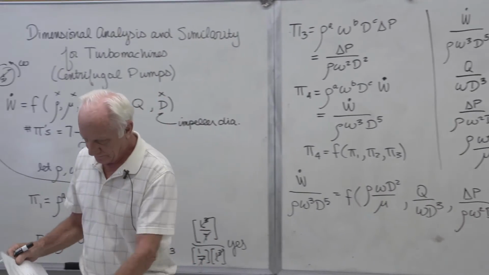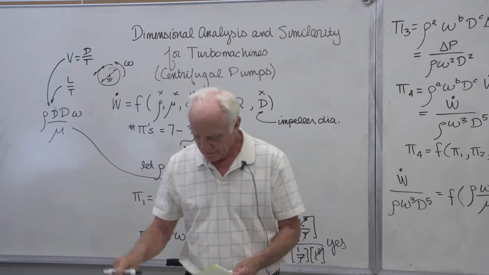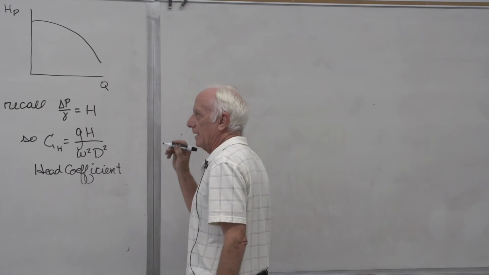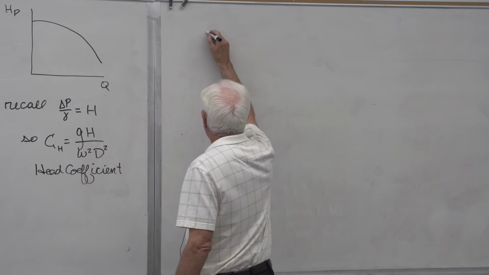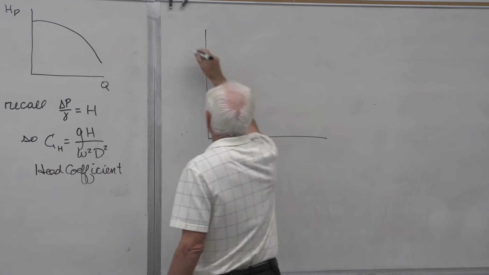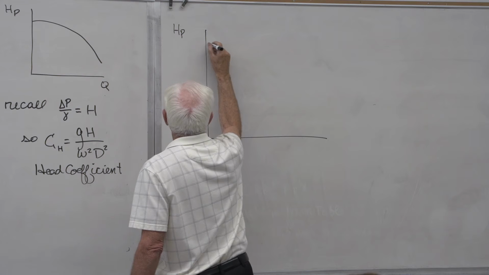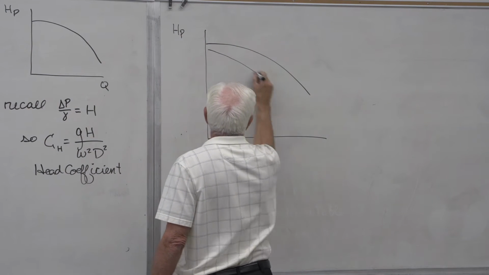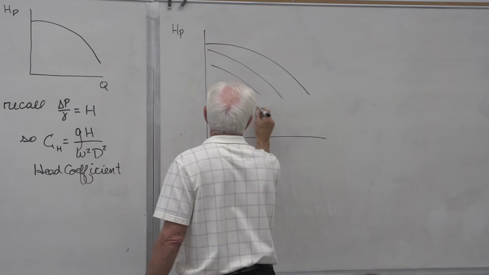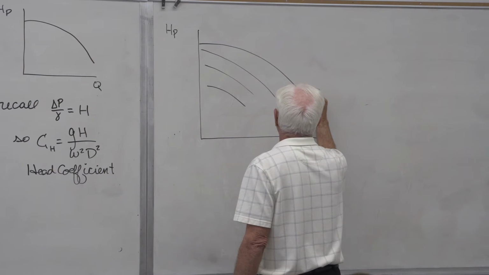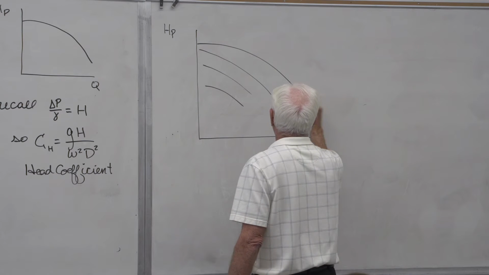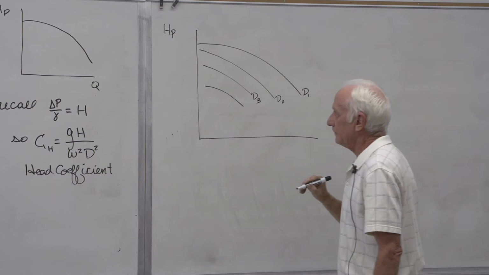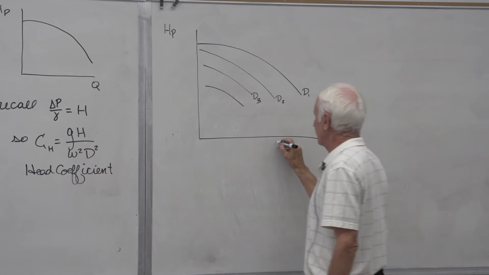And now we had in the past graphs of pump head with different impeller diameters, and they look like this. These are different impeller diameters, D1, D2, D3. This was the flow rate Q, typically.